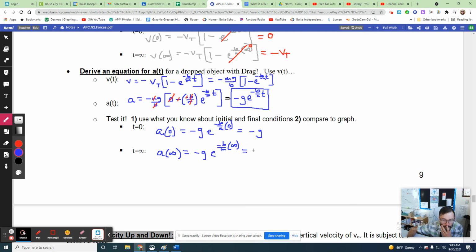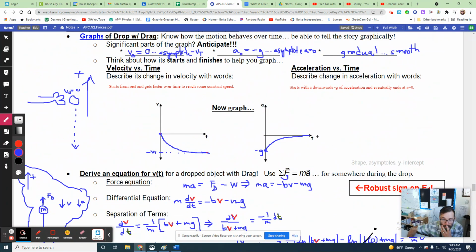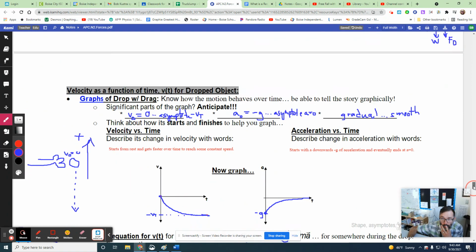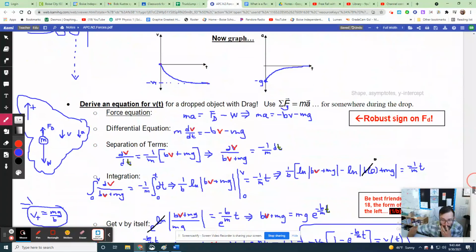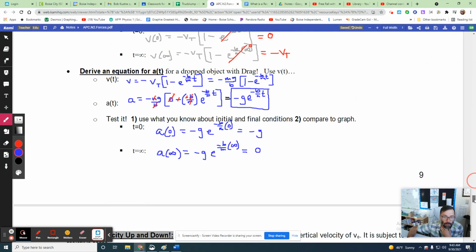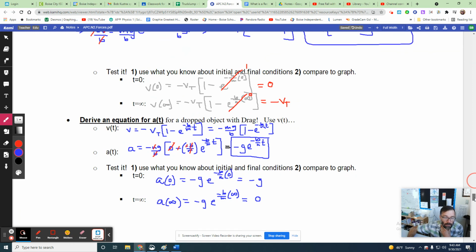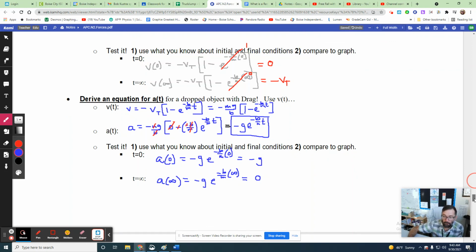And so this is going to be 0, which totally matches our insights on what must happen here. Okay, cool. So there's how you derive the functions for velocity and acceleration based upon your free body diagram.